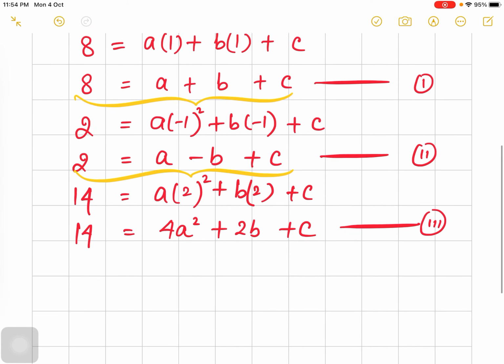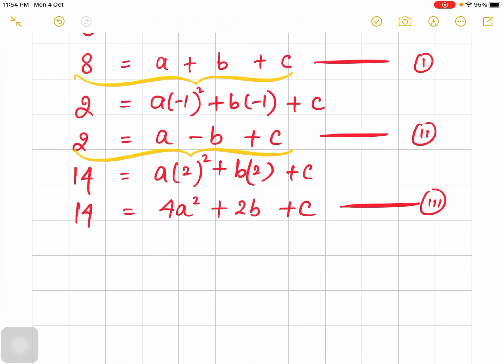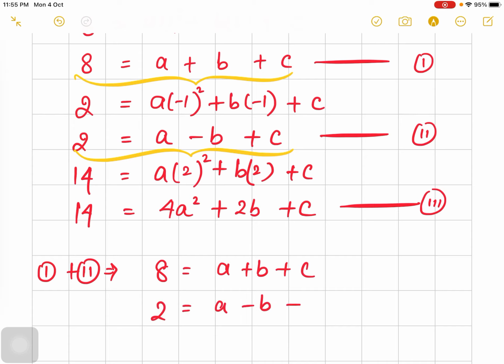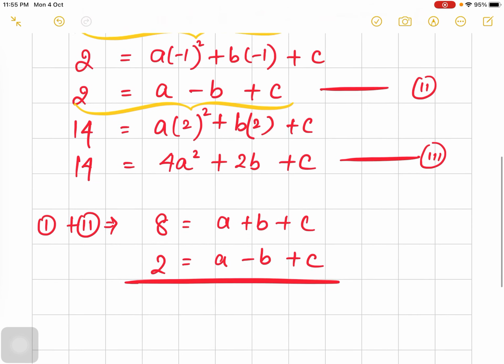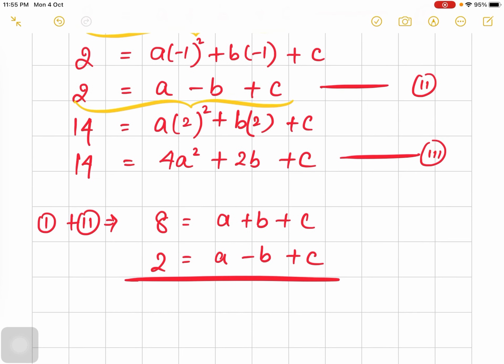Let's add them. Before adding, mention first plus second will give us, now write the entire equation. 8 was equal to a plus b plus c, and 2 was equal to a minus b plus c. Let's see what we will have now. When we add them, b will get cancelled.